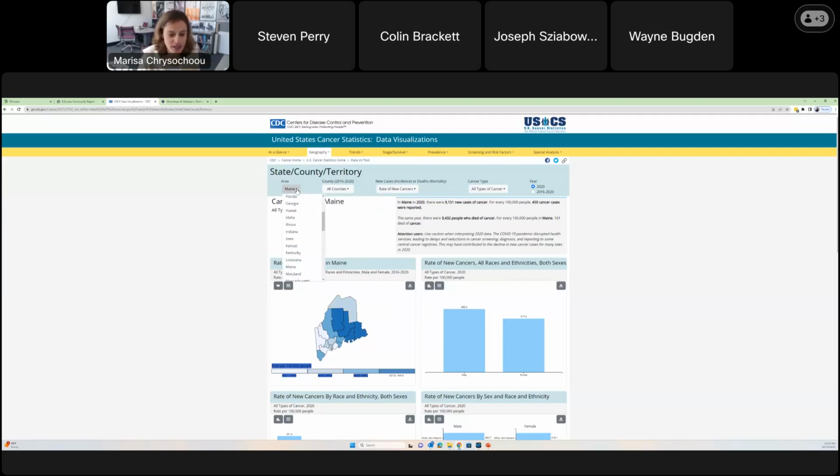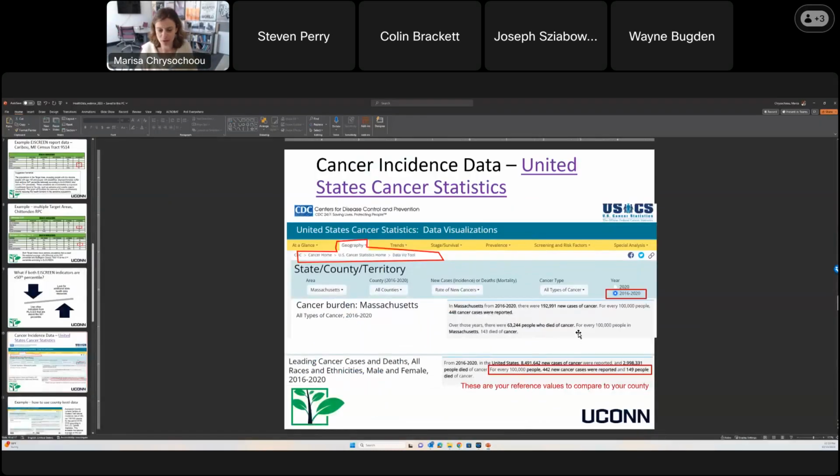You can do the same thing for all other states, obviously. The numbers here are relative. So the other counties here, for example, Penobscot County has an even higher rate of 526. What you want to do is compare to the national average.